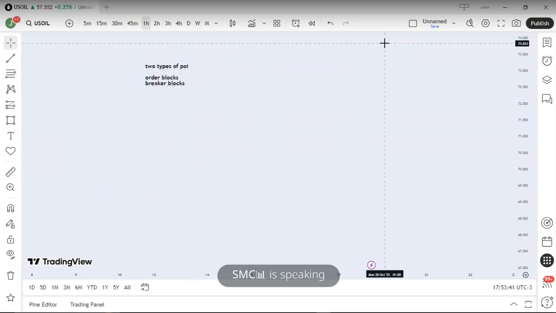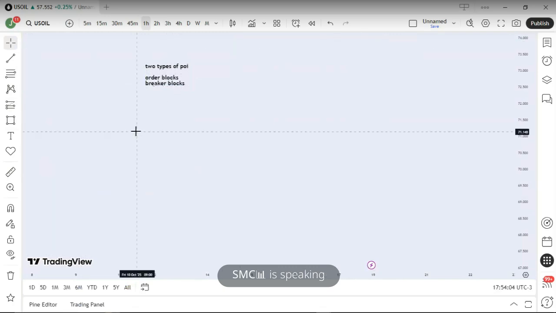When you hear block, it means large money when it comes to finance. It's like somebody telling you, oh, that guy has block money. It's like his money is very big. So in SMC, we call them order blocks because they are large pending orders.